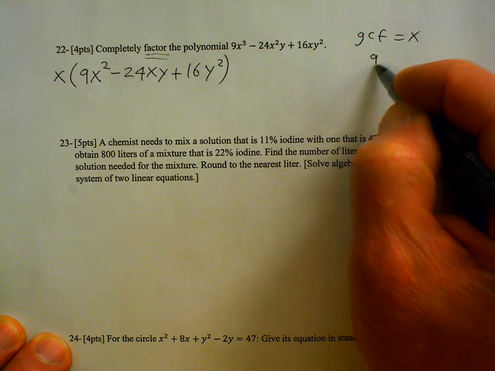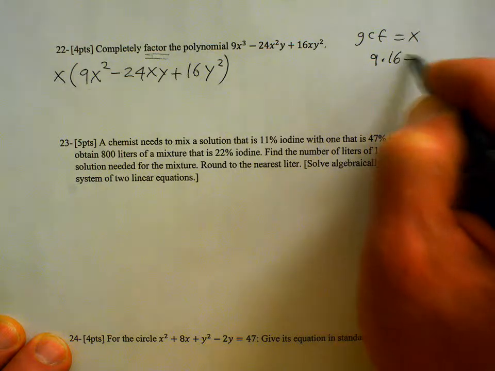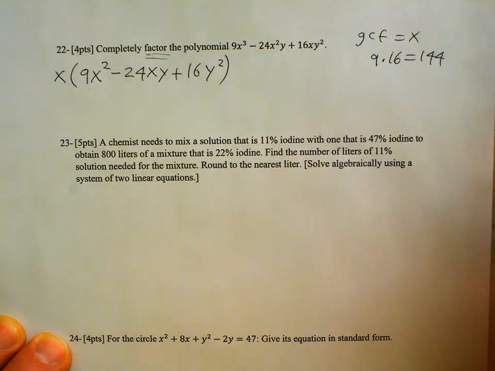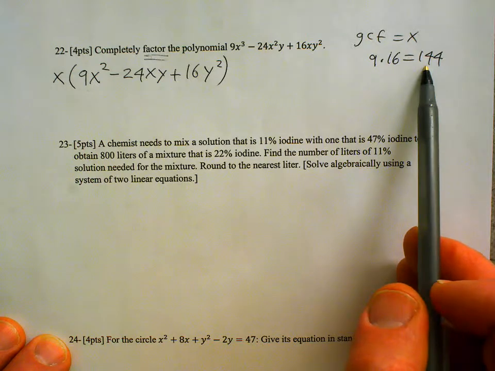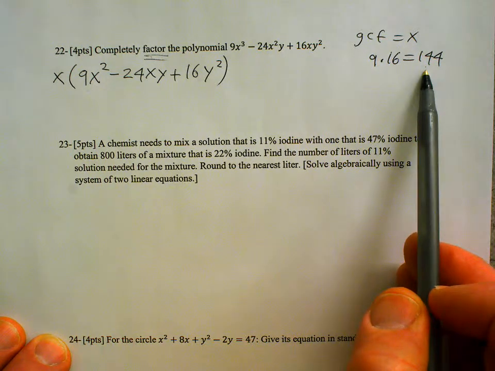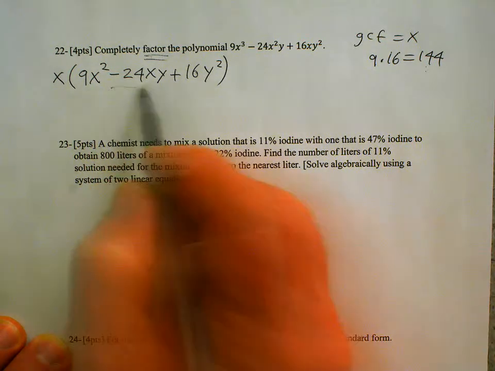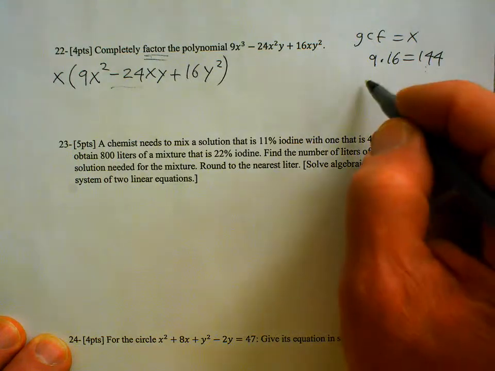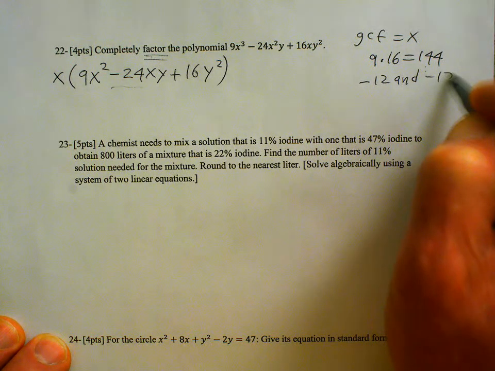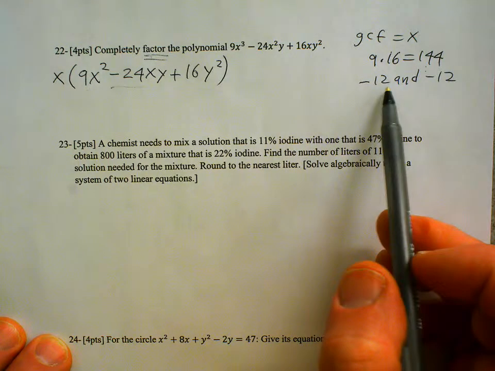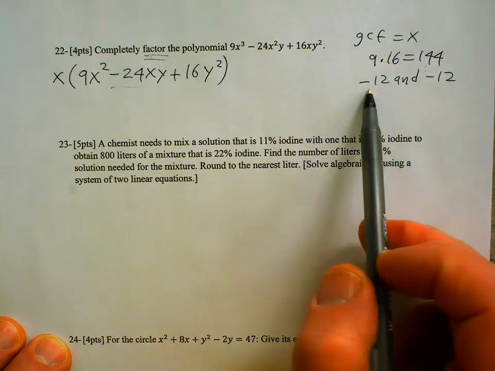So if you multiply 9 times 16, you get 144. And then two integers that have a product of positive 144 and add up to negative 24 are negative 12 and negative 12. So that guarantees that we can factor it.